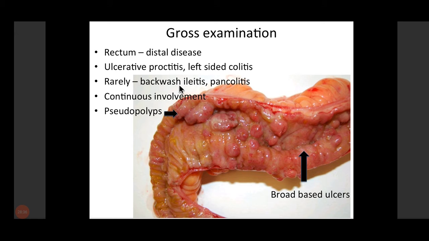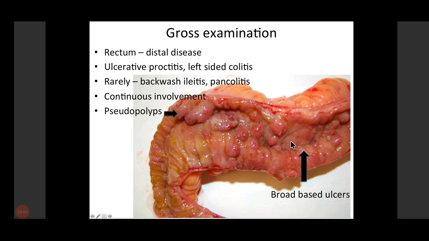It should not be confused with the involvement of ileum in Crohn's disease, wherein the ileum beyond this 5 centimeters is involved, and only ileum can be involved with a sparing of the ileocecal region. That is in Crohn's disease. But here in ulcerative colitis, there may be a backwash ileitis.